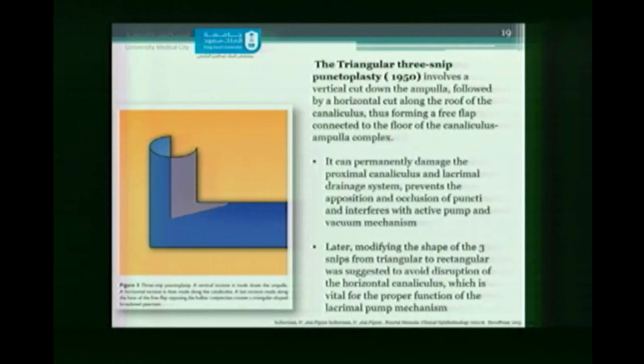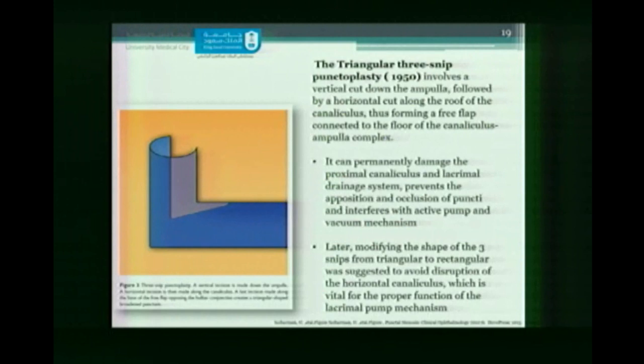Though it has a good initial success rate reported in the literature, people started to believe that it can permanently damage the proximal canaliculus and the lacrimal drainage system. It prevents the apposition and the occlusion of the puncti during eyelid closure, and it definitely interferes with the active pump vacuum mechanism.